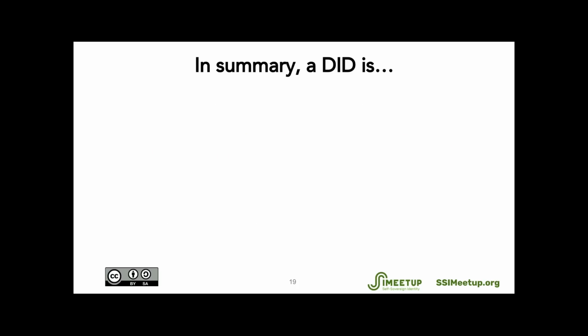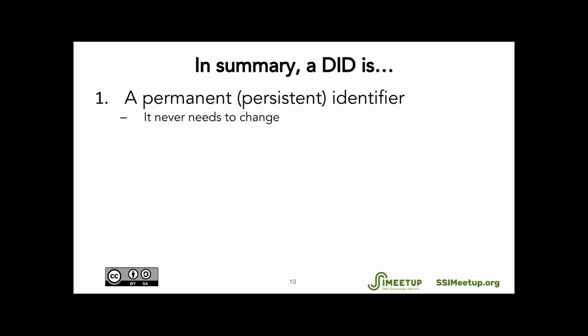So to summarize this, if you are an identifier wonk like me, what stands out is that a DID is four things. It's a permanent, also called persistent, identifier that never needs to change. You assign it and it can last not just for your lifetime, but forever.